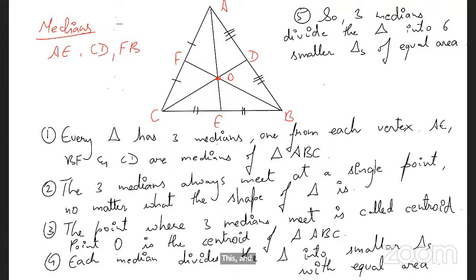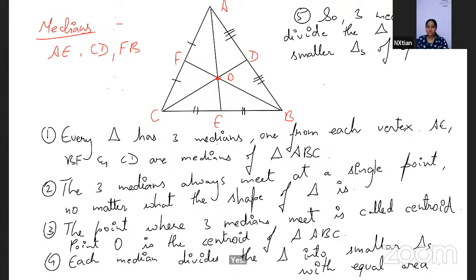Like 1 dash, 1 dash, 2 dash, 2 dash, 3 dash, 3 dash. Yes, dashes of the same kind I have drawn to show that those parts of the sides will be equal to each other, because they are exactly divided into half by the median.